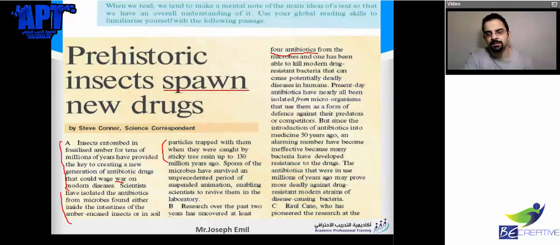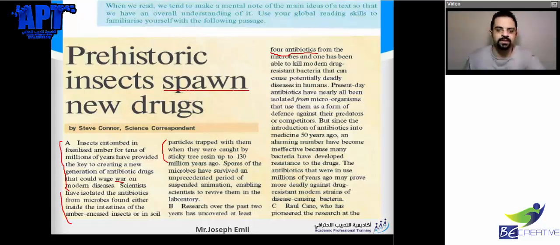Present-day antibiotics have nearly all been isolated from microorganisms that use them as a form of defense against their predators or competitors. All right?